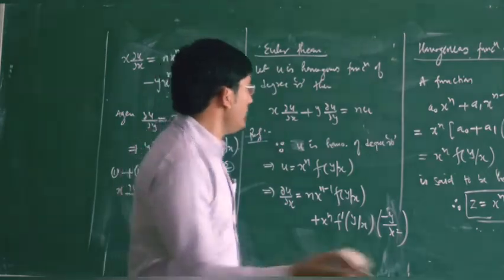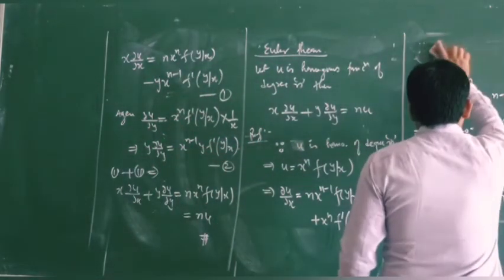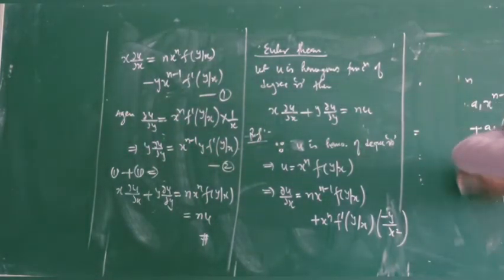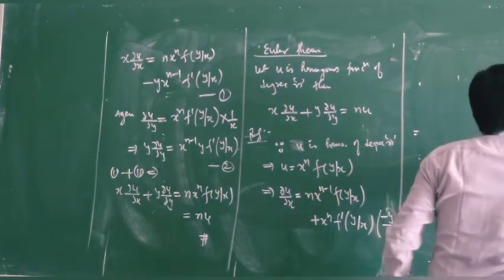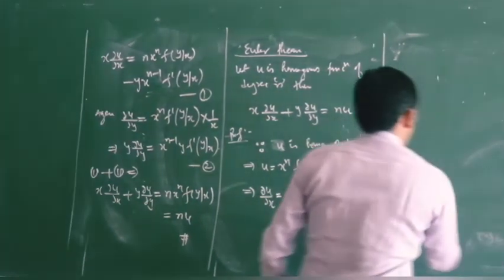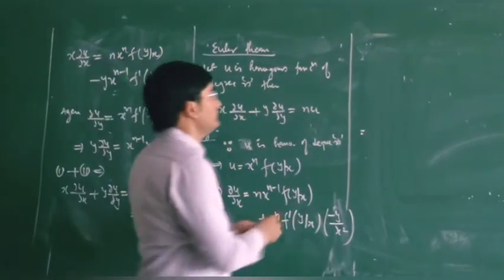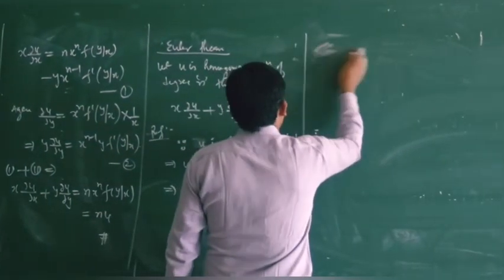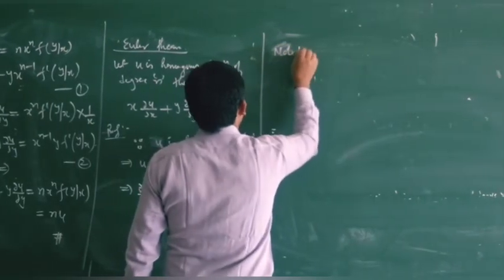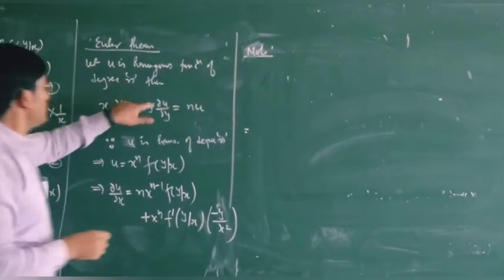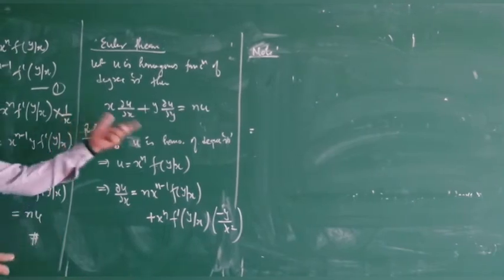Now let us verify this Euler theorem using a question. With the help of a question, we can show that the value of the right hand side is the same as the left hand side. Note here our u is a function of x and y, and we can have another independent variable.